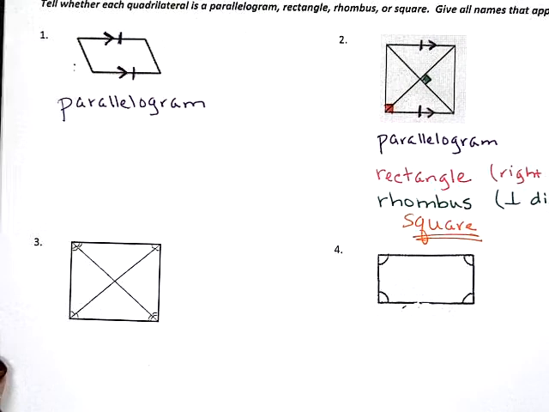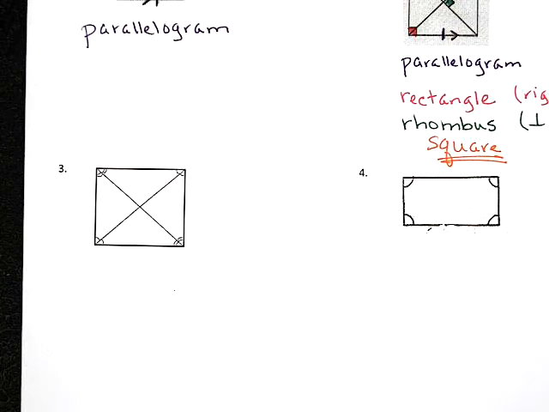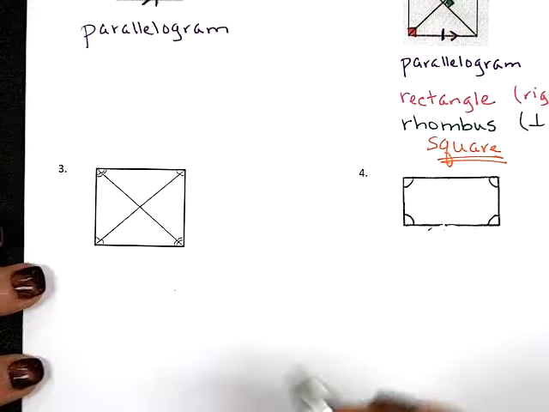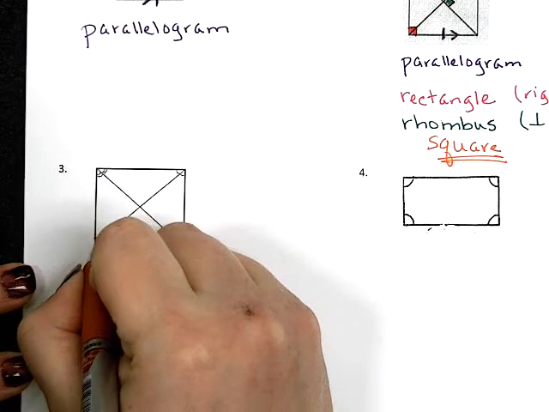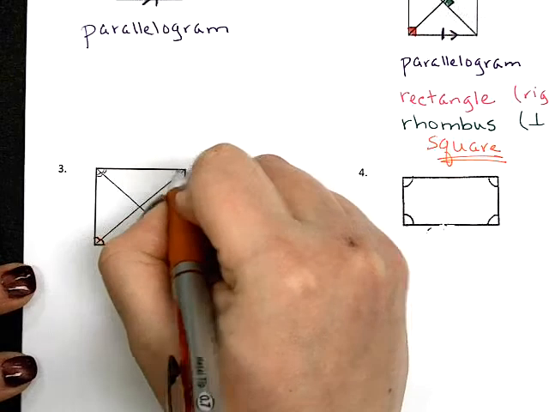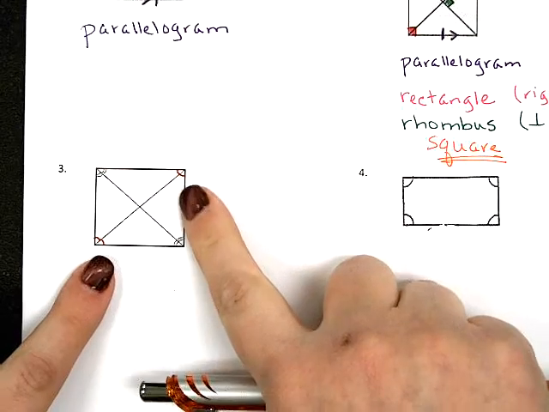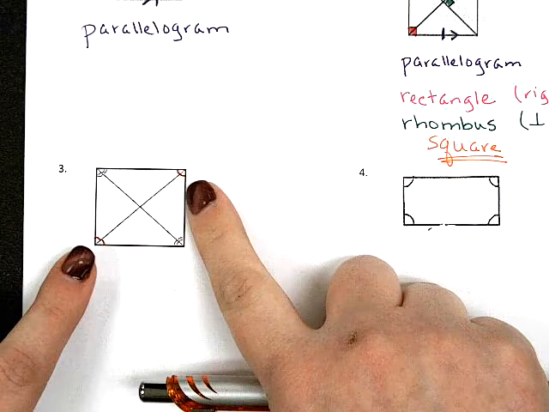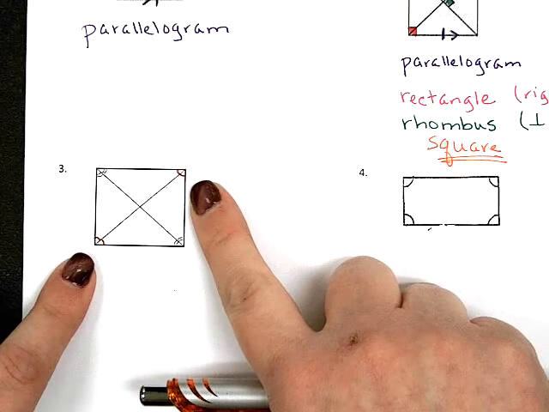Looking at number 3, let's take a look at what we see in this picture. Well, I see that these angles are marked congruent, and these angles are marked congruent, and they also both have the same markings, which is telling me that those angles across from each other are congruent.